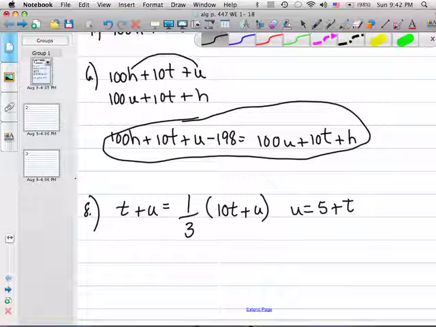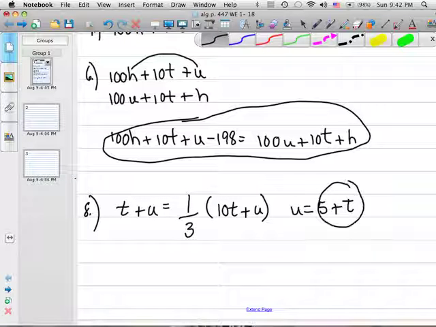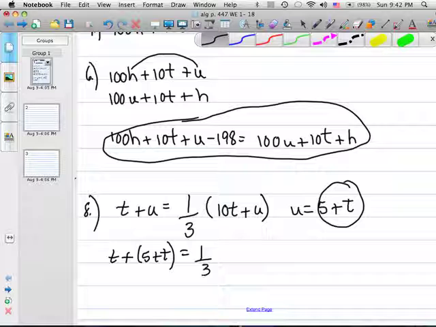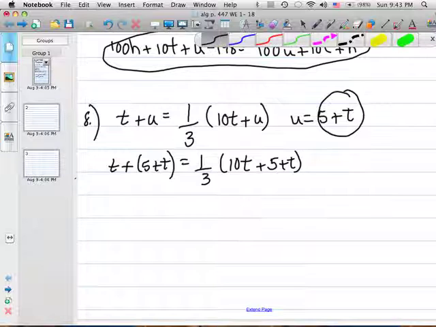So I have a system here, and I'm going to use substitution. Where I see U over here, I'm going to plug in 5 plus T. So T plus 5 plus T equals 1/3 times 10T plus 5 plus T. I'm going to simplify.